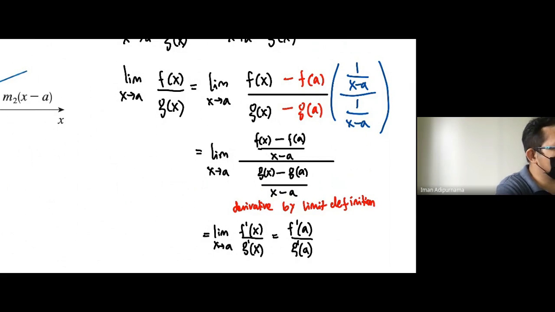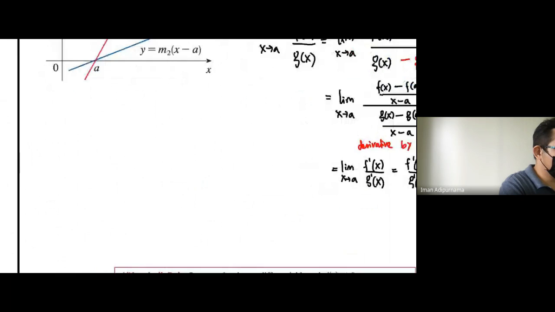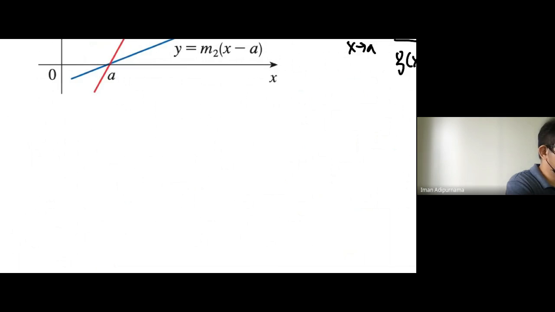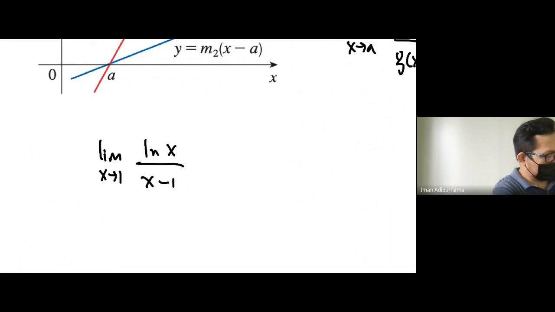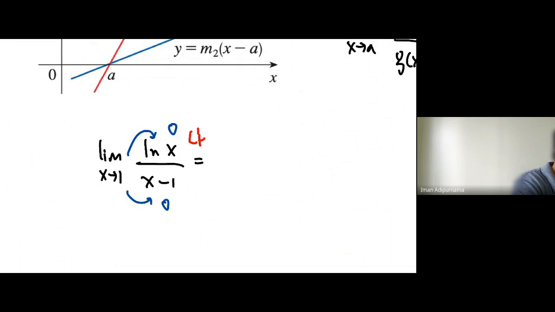Okay, if you have the limit as x approaches 1, let's just start with this example. We make sure that we check first. Make sure this is 0 over 0. And if it is 0 over 0, then we can use the L'Hopital rule, and don't forget the limit.